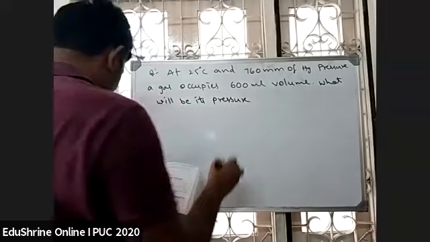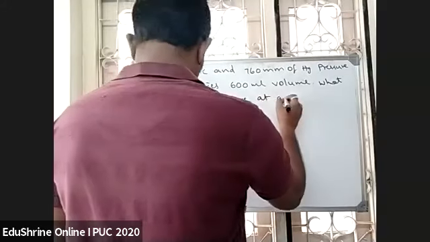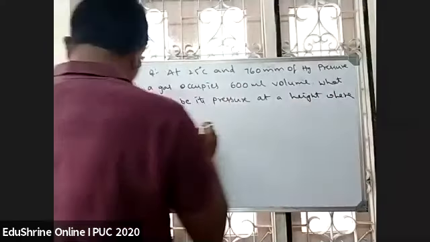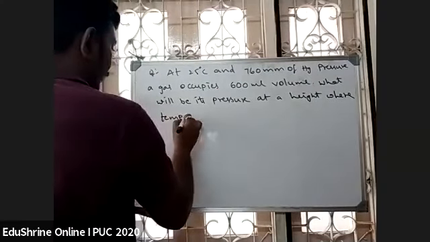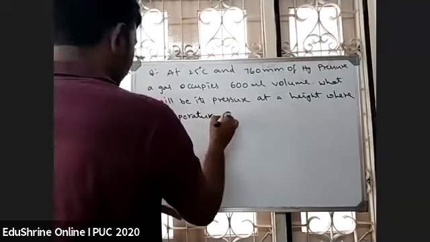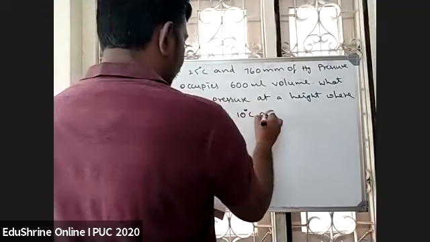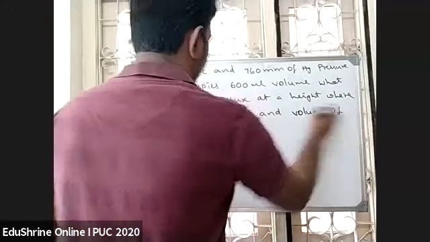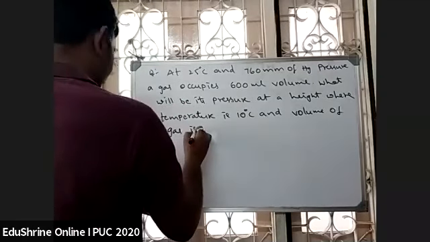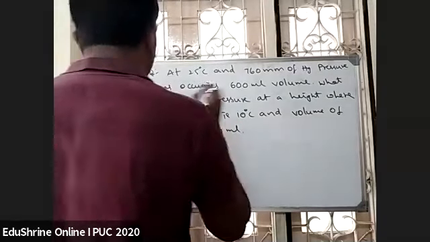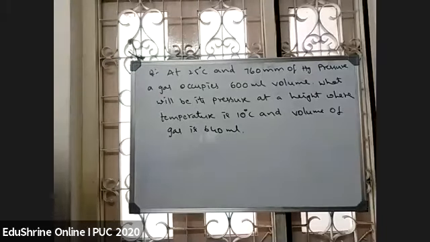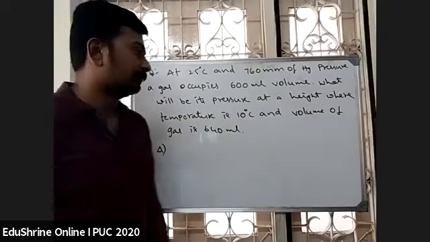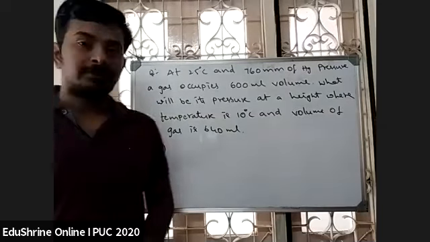What will be its pressure at a height where temperature is 10 degrees centigrade and volume of gas is 640 ml? Solve and give the answer.